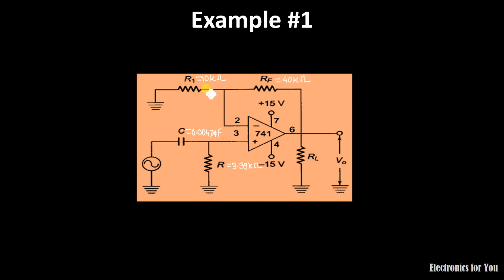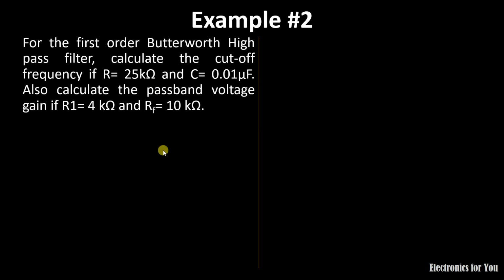We have written the values over our circuit, and thus this is the circuit for the high pass Butterworth filter.